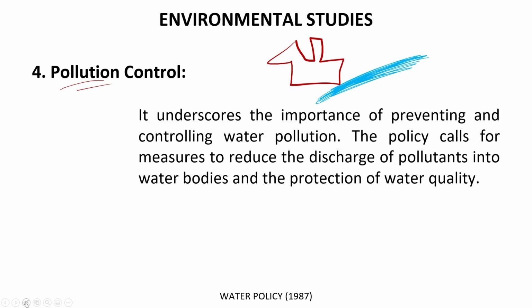Then this factory was discharging its chemical waste and various harmful waste directly into the water, and the people who were consuming this water get affected. Also the various creatures, the aquatic life which lives inside the water streams.